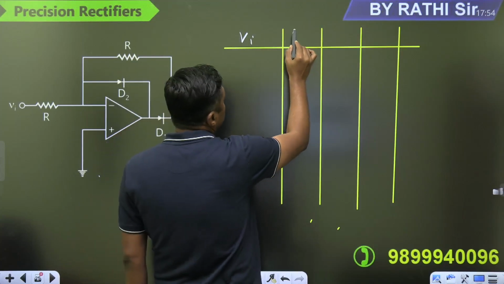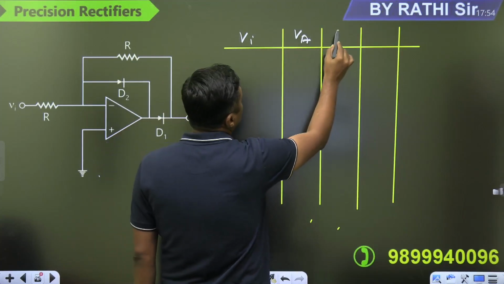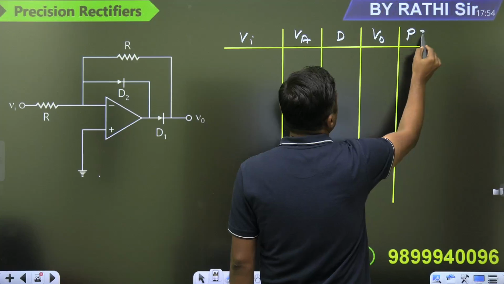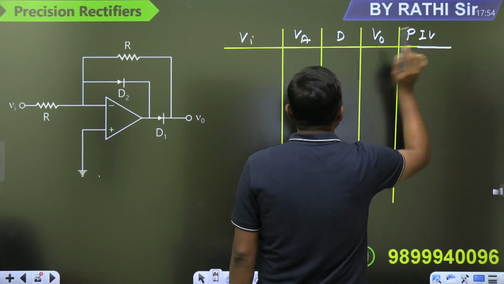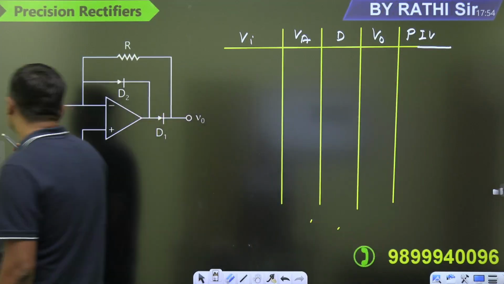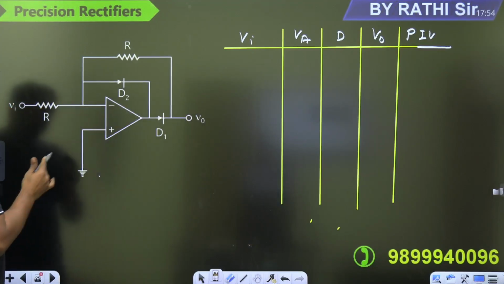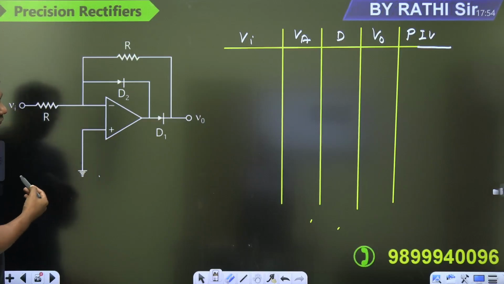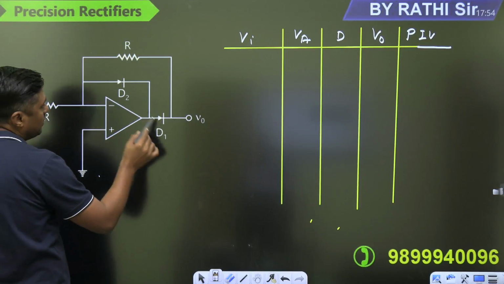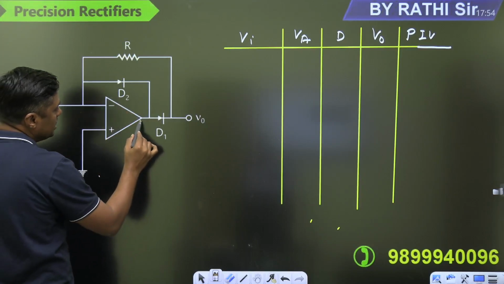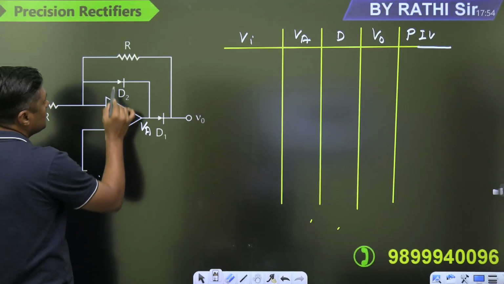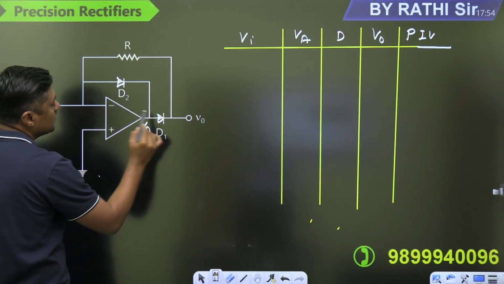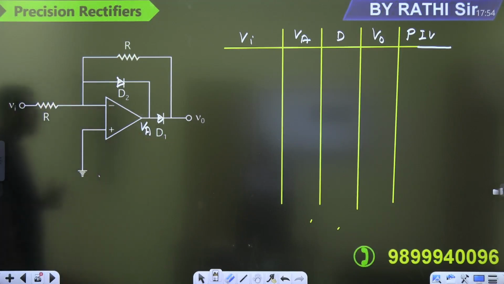Then VA, then the diode, then output, and then PIV. This is the VI. VI is connected to the inverting terminal. There is a 180-degree phase shift. That is the diode D1. This is the diode D2. This voltage is VA. Now there are two diodes, D1 and D2.